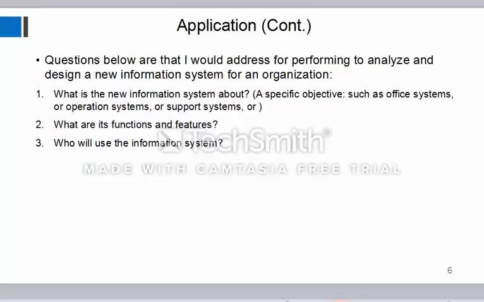Below are questions that I would address when analyzing and designing a new information system for an organization. The first one is, what is the new information system about? A specific objective such as office systems, operation systems, or support systems.